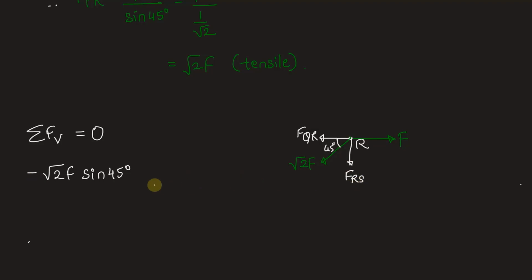And then we have the force RS, which we have assumed to be downward, so it is also negative, minus FRS, equal to 0. Now finding FRS from this equation, FRS is equal to minus root 2F times sine 45, whose value is 1 by root 2 again. We'll just cancel out root 2, and we get it to be minus F. We have considered it away from the joint. It turned out to be negative, so the nature should be compressive, that is towards the joint. F compressive.